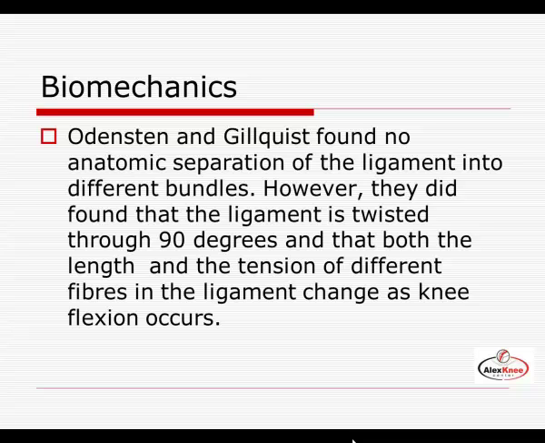However, they did find that the ligament is twisted through 90 degrees and that both the length and the tension of different bundles, different fibers in the ligament, change as knee flexion occurs. So there is a consensus that the bands or bundles work in harmony while the knee is changing its position from extension to flexion, giving stability all through the way.